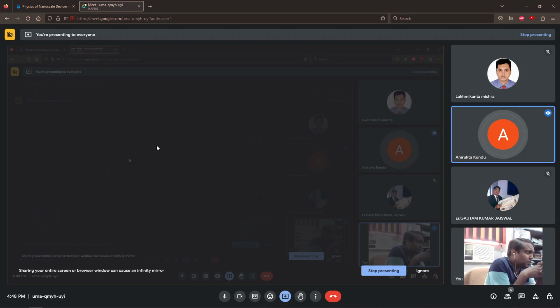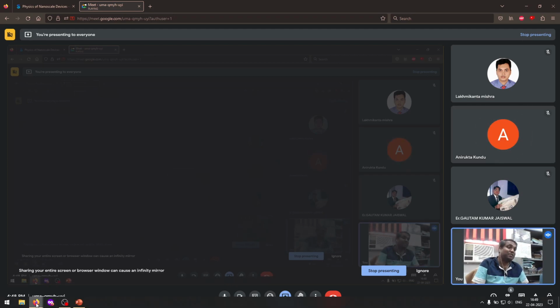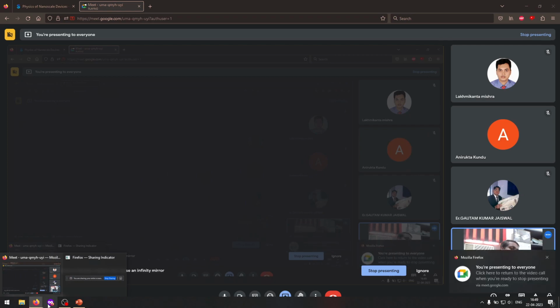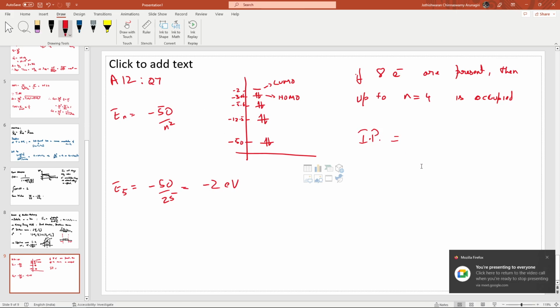Yes, sir. So difference between LUMO and HOMO? Okay, that is the final answer, yes, but the ionization potential is not the difference between LUMO and HOMO. The ionization potential is the difference between the HOMO and the vacuum energy. In this case, the vacuum energy is n tends to infinity, and as n tends to infinity, E tends to 0.